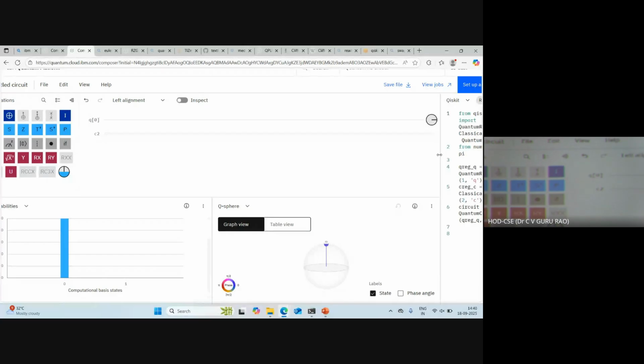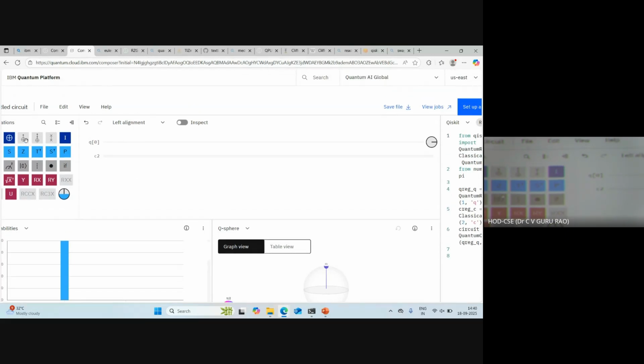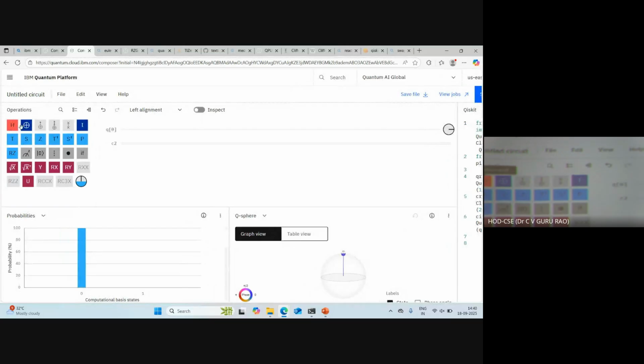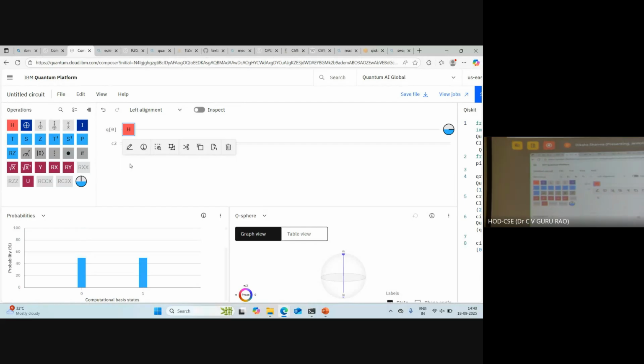So if you can see over here, I only have 1 qubit. Q0 is there. Okay. And these are the probabilities over there. So this is 0. Now let's apply a Hadamard gate on this. See, probabilities are changing.